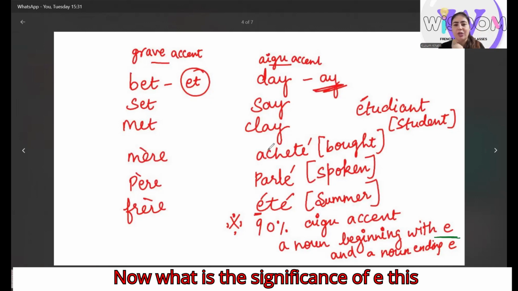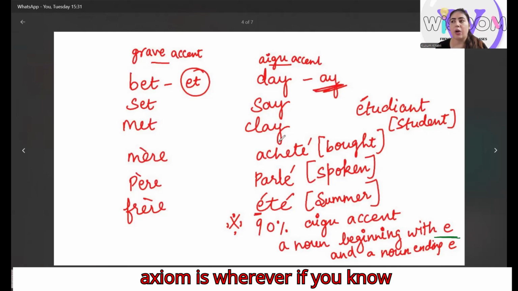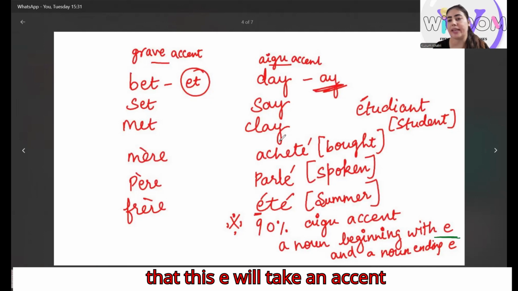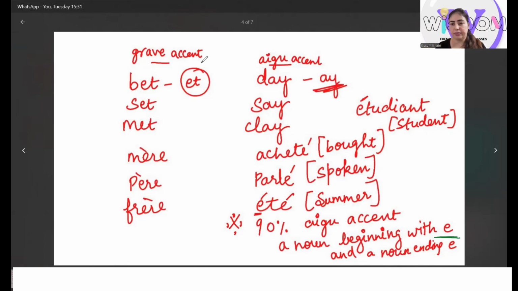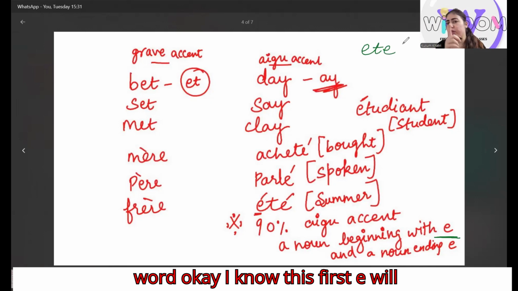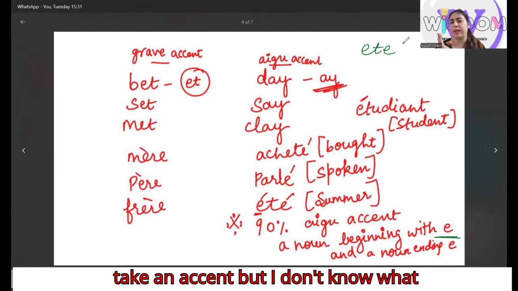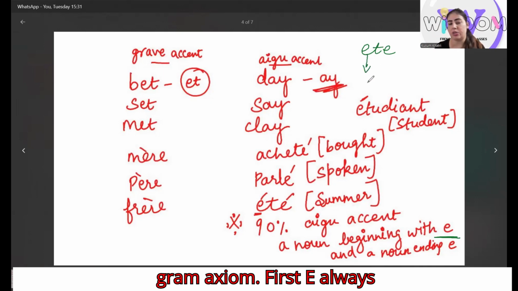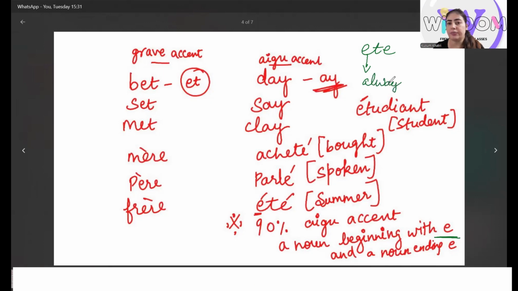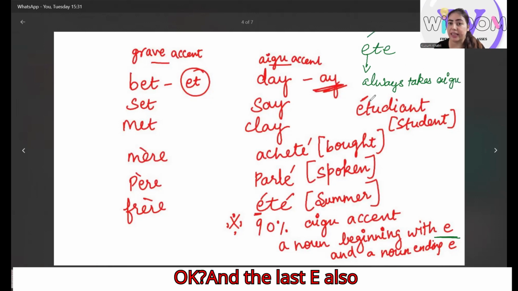Now, what is the significance of E? Wherever you know that this E will take an accent, and if that E is coming at the beginning and at the ending, for example, this is the word. I know this first E will take an accent and the last E will also take an accent, but I don't know what accent. It can be a grave accent also. But always understand the first E will never take a grave accent. First E always takes an aigu accent. And the last E also takes the aigu accent.